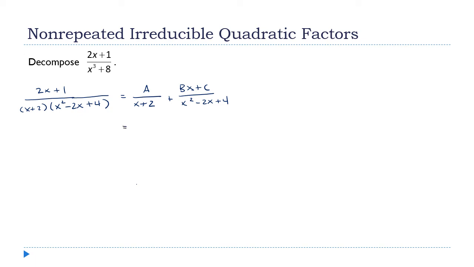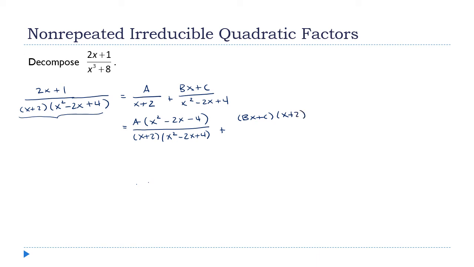We already know the common denominator. It's going to come from the original denominator. So I have to multiply the top and bottom of the first fraction by x squared minus 2x plus 4, and the top and bottom of the second fraction by x plus 2.